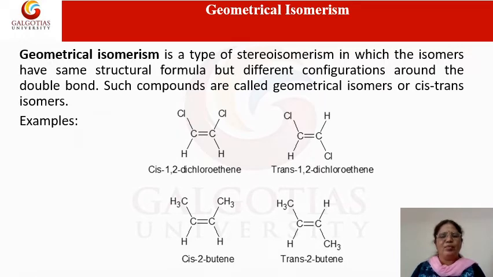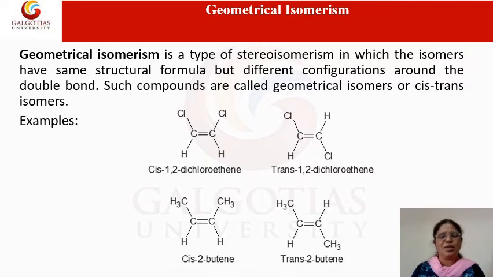When any molecule is a geometrical isomer, that means there are two possible structures for that molecule and they are named cis and trans. We can see here in the case of 1,2-dichloroethene there are two structures. In the first one the carbon atoms possess chlorine and hydrogen groups, and the similar groups are on the same side of the double bond.